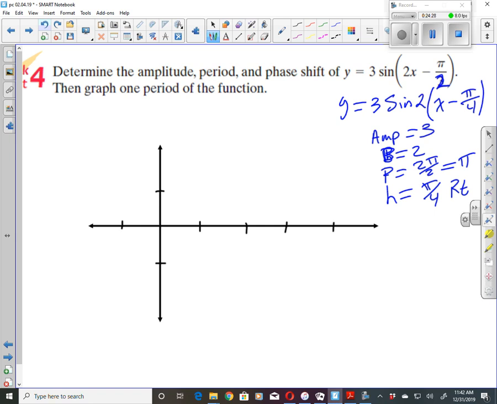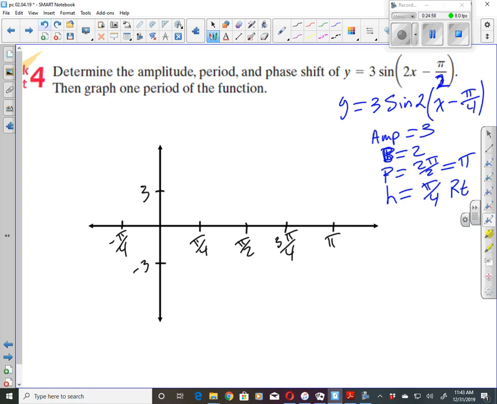So, again, amplitude we said was 3, that's negative 3. The period we said was pi, so this is going to be pi over 2, this is going to be pi over 4, this is going to be 1 pi over 4, 2 pi over 4, 3 pi over 4. This is a negative pi over 4, if you will. Notice that we are shifting to the right pi over 4.